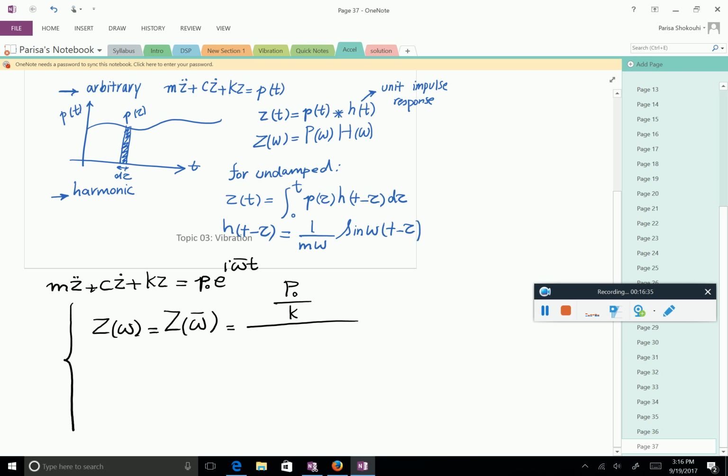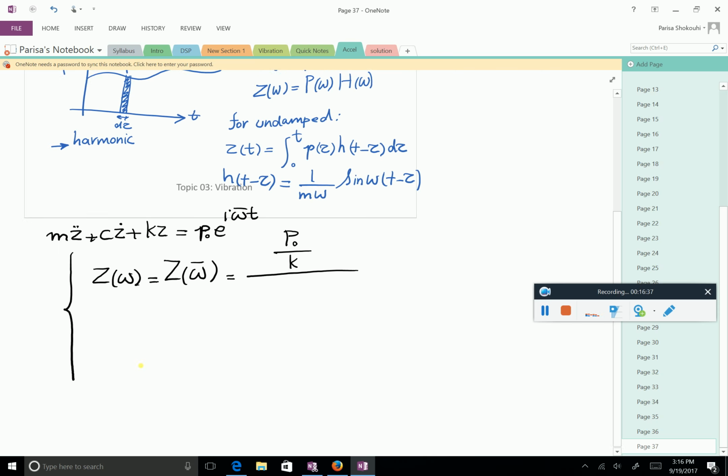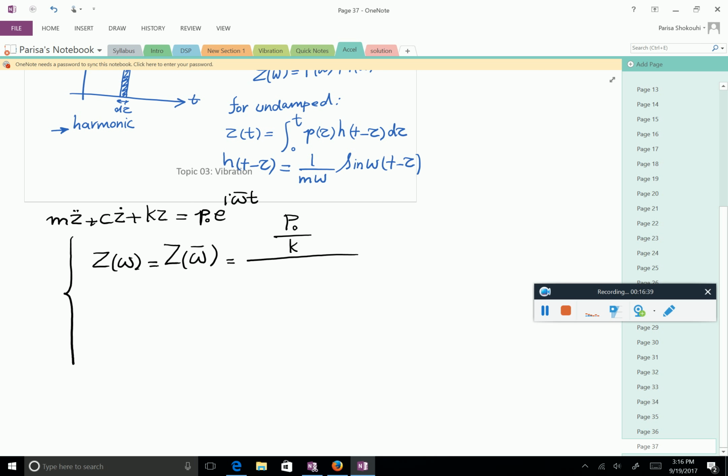Then the response would be the static response over something which looks like that. It's a function of the ratio of the excitation frequency to natural frequency, and damping is also, of course, involved.